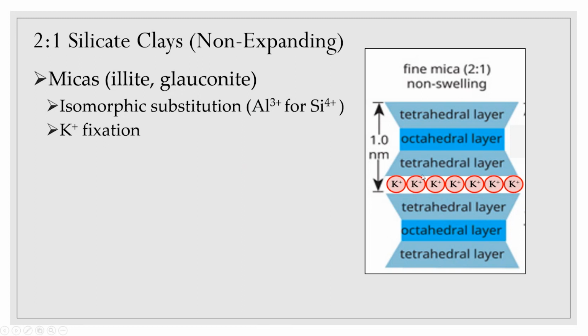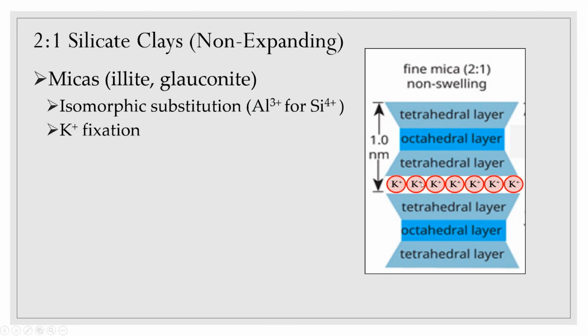And when we have this, this now takes the charge away. So remember previously in a 2-to-1 layer, we would have water that comes in here. Well, if the potassium fits inside of the bottom of this, it kind of locks that together. The charge is now neutralized. And so nothing else can come in and change that. So when I'm thinking micas, I'm thinking K fixation, mica, potassium, K fixation.